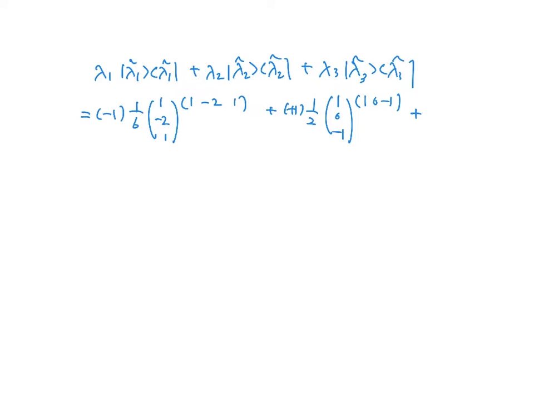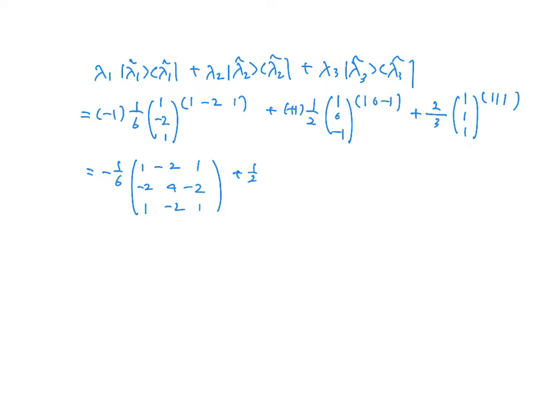Lambda 3 was 2, times 1 over 3 times the outer product of (1, 1, 1). Let's check what happens, writing out the matrices.